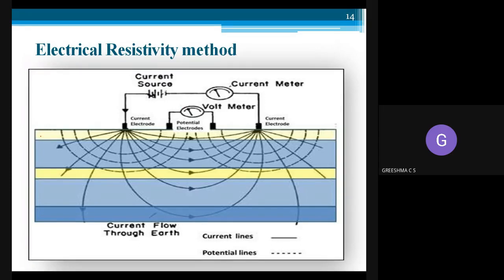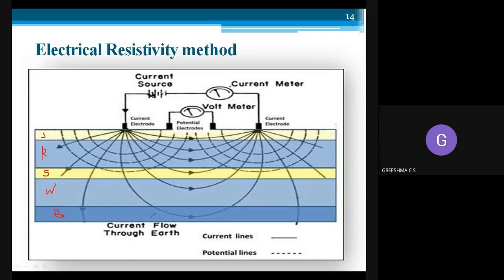Suppose this is some sand, this is a rock, this is another kind of sand, here maybe a water table, and this is some other kind of rock. The bedrock may be sedimentary or metamorphic rock of different types. Using the voltmeter you can calculate the resistance offered by each layer.